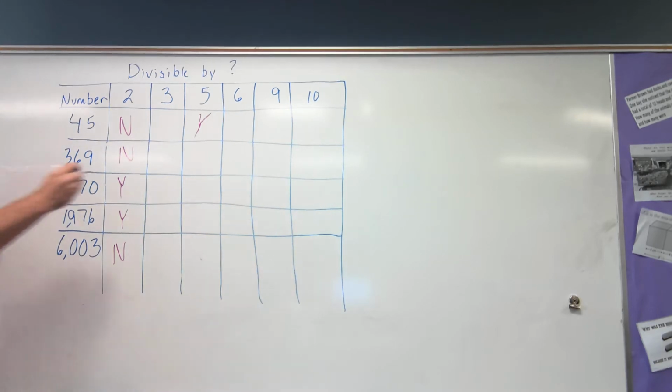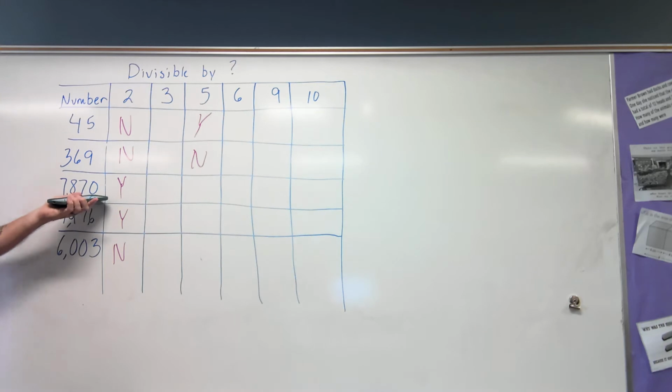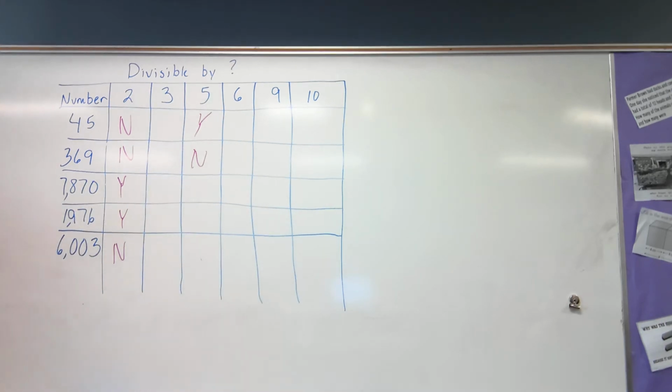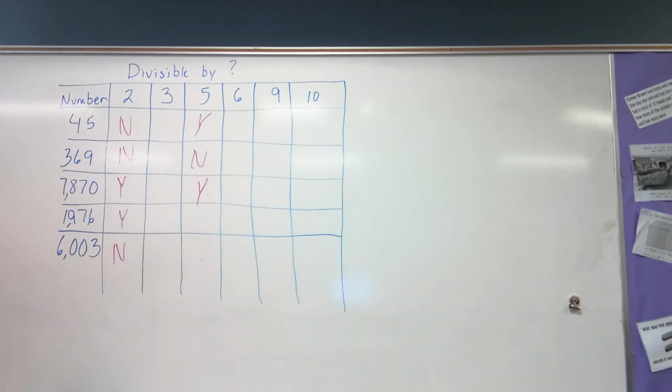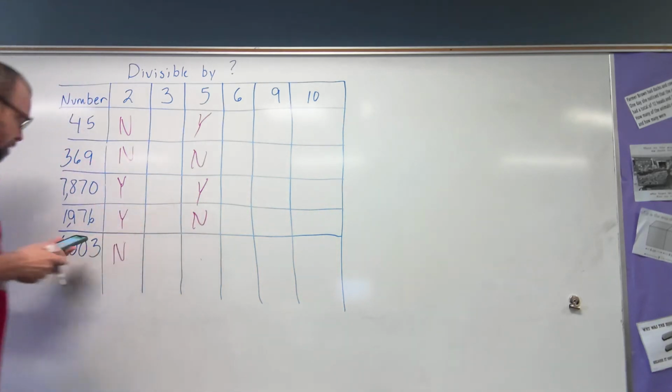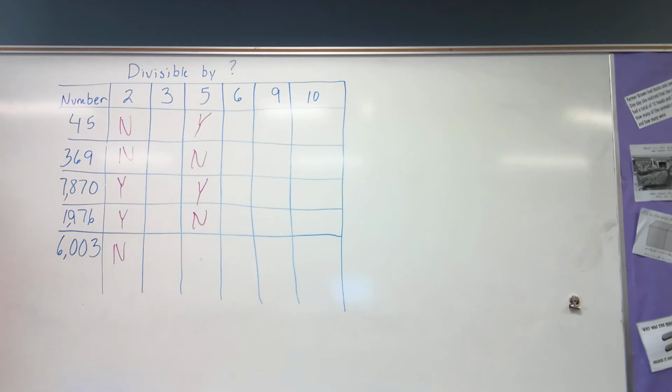No. Alina, is 7,870 divisible by 5? Yes, good, because it ends in a 0. If the ones place is a 0 or a 5, it's divisible by 5. Tristan, is 1,976 divisible by 5? No. It does not end in a 0 or 5. Oren, is 6,003 divisible by 5? No.